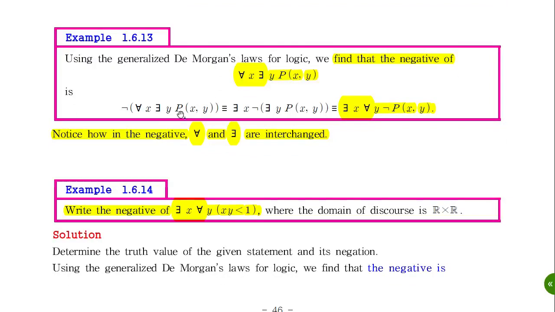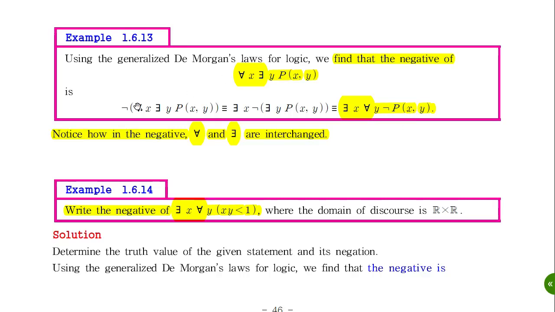And for the negation of this, like what we said: the negation goes through the parentheses, and the negation of this part p gives us the negation of this statement, easily, by the generalized De Morgan's law for logic.